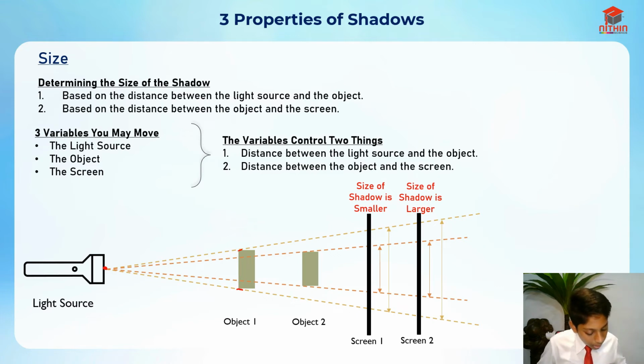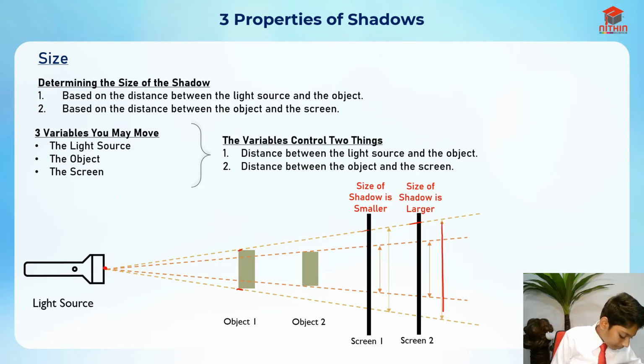Here I've dragged the line until it reaches this screen and this screen, and then we can measure the size. Let's say this red color over here is the size of the shadow.